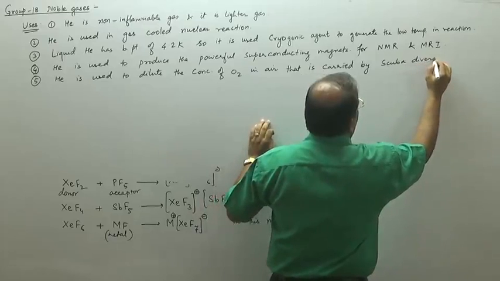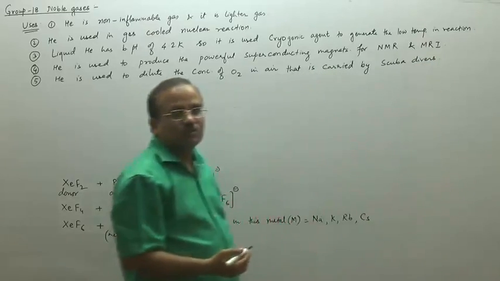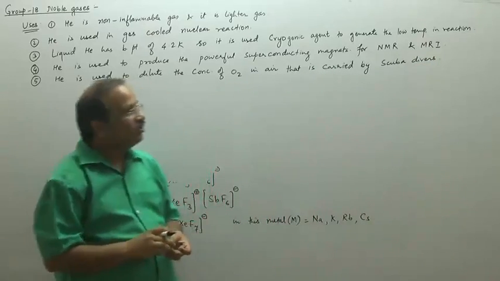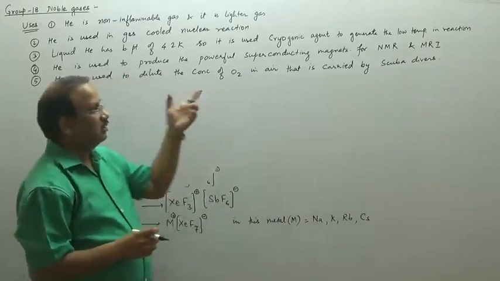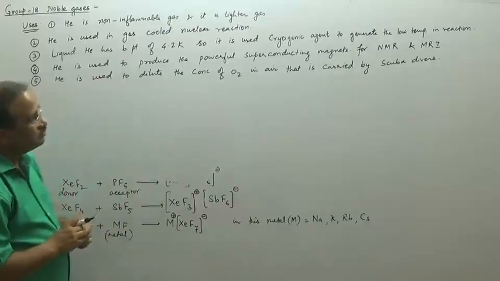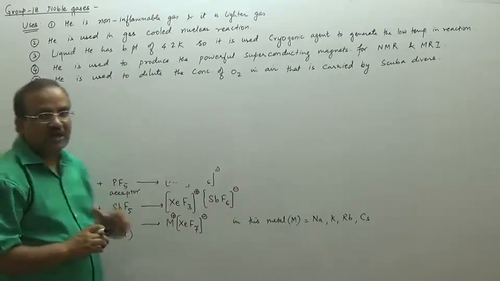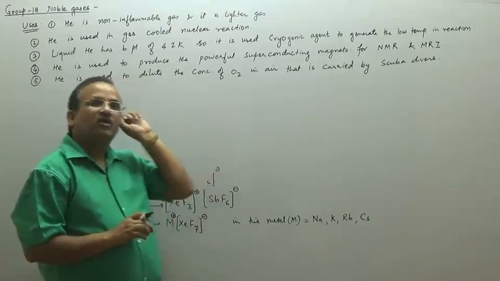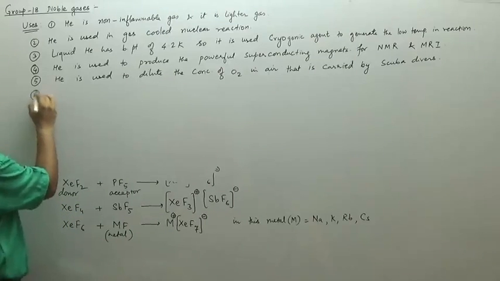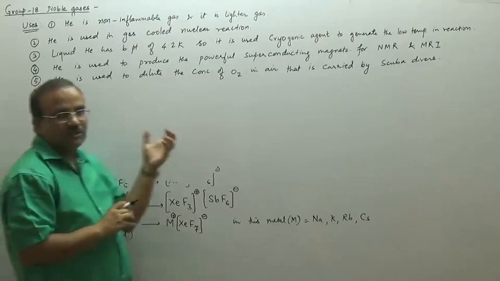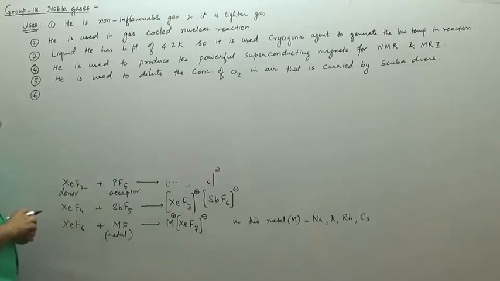The sea divers carry the oxygen, and that oxygen is diluted by helium, because it is a non-reactive gas and it has very low van der Waals forces also. That is why we are using helium in the dilution of oxygen.